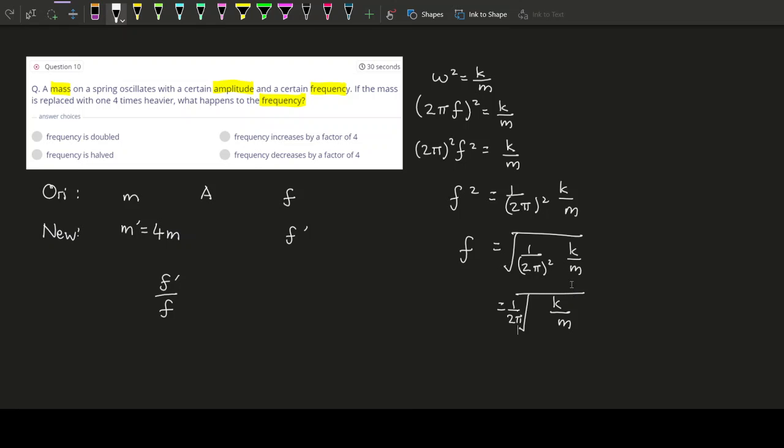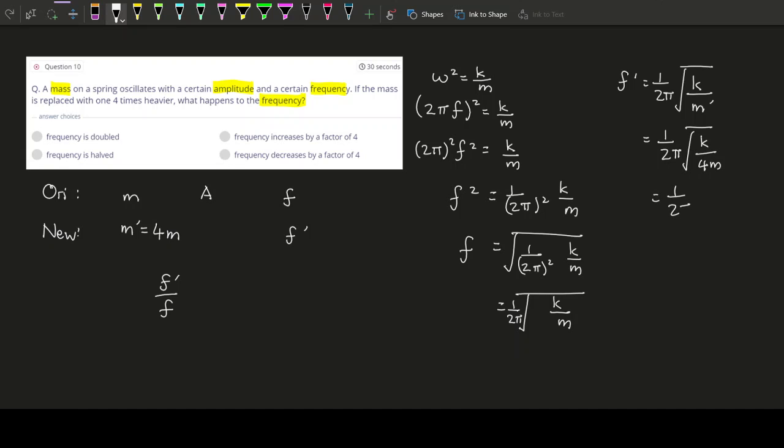Now let's compare it with the new situation. The new frequency, f prime, equals 1 over 2 pi times the square root of k over m prime. The k doesn't change because you don't change the spring. There's no mention that the spring is changed. The new mass is 4 times the old mass.